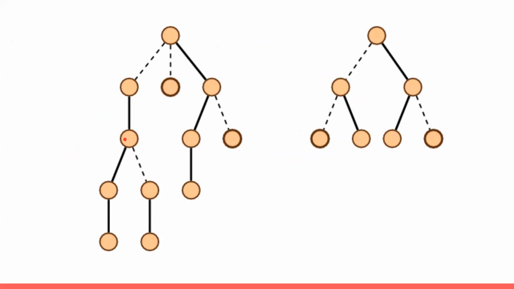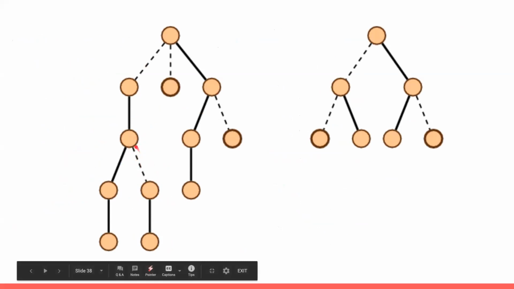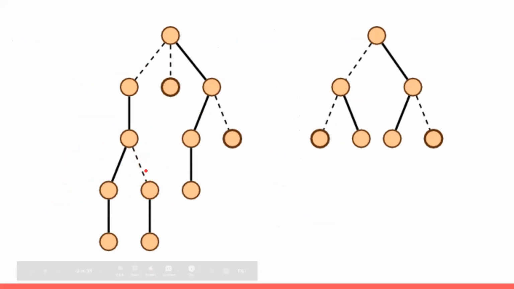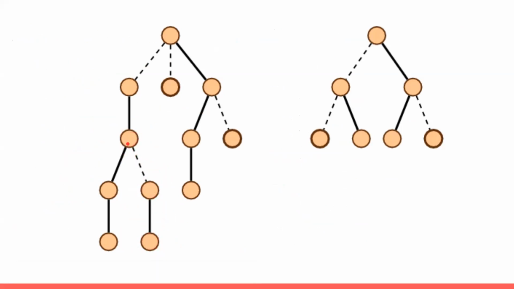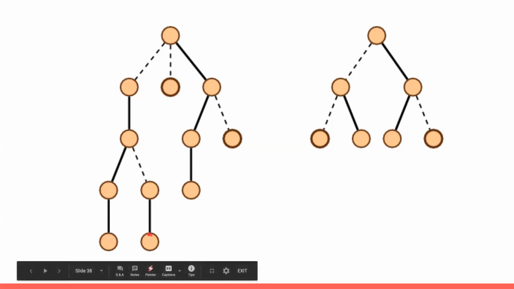For this vertex, the add will be 2 because we have only one light edge, and it's this one. Let's count the number of elements in this subtree: it's 1 and 2. So add for this vertex will be 2. And add for this vertex will be 1, 2, 3, 4, 5, 6, 7. That is what we store here.